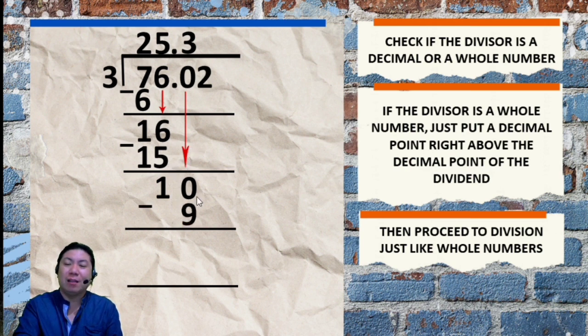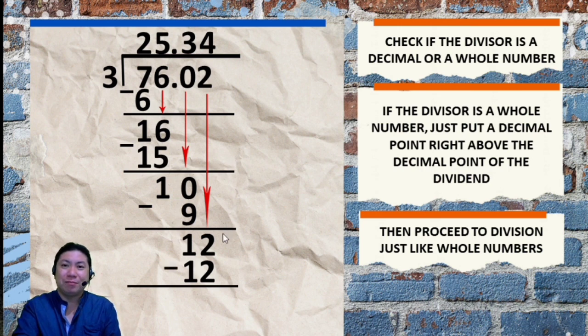Subtract. 10 minus 9 is 1. Bring down the last number, which is 2, making it 12. 12 by 3 is 4. Then 4 times 3 is 12. 12 minus 12 is 0.